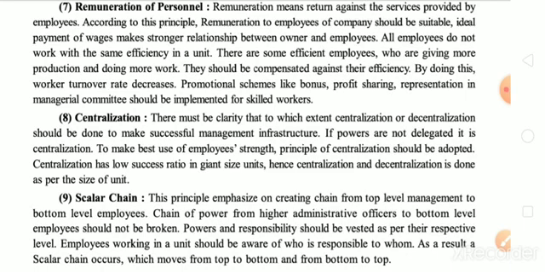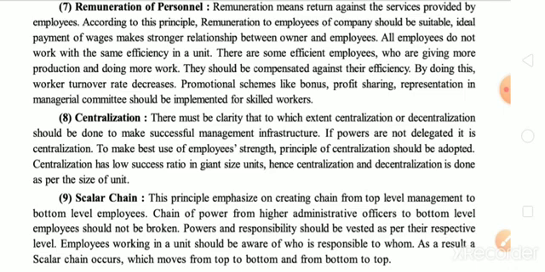Ideal payment of wages makes a stronger relationship between owners and employees, and efficient employees are motivated more by financial motivation provided by the organization. Different schemes like bonus, profit sharing and representation in managerial committee should be implemented for skilled workers, which will increase the productivity of employees and decrease the labor turnover rate.